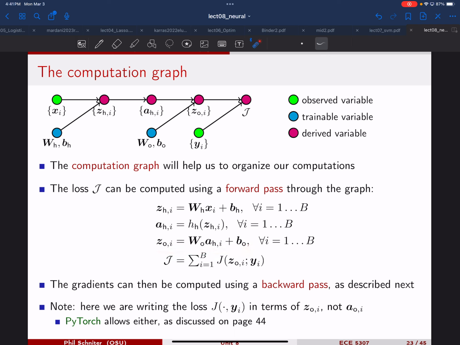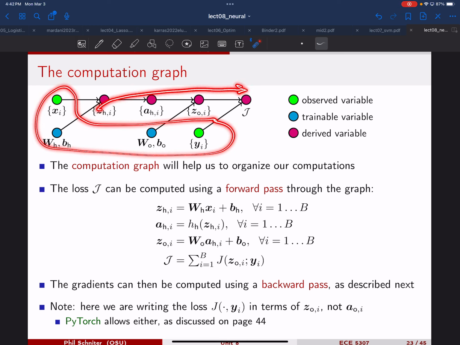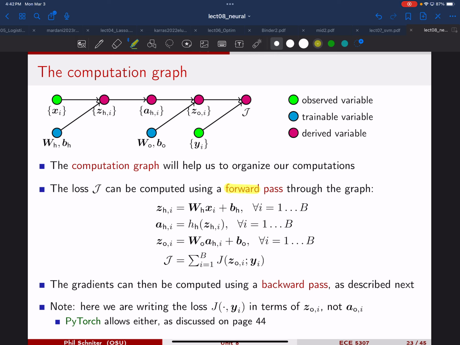And finally, given those output layer scores and given our training labels, we can compute the loss like this, just by summing over the elements in the batch. And this process of starting with this stuff and making your way to the cost is known as the forward pass.